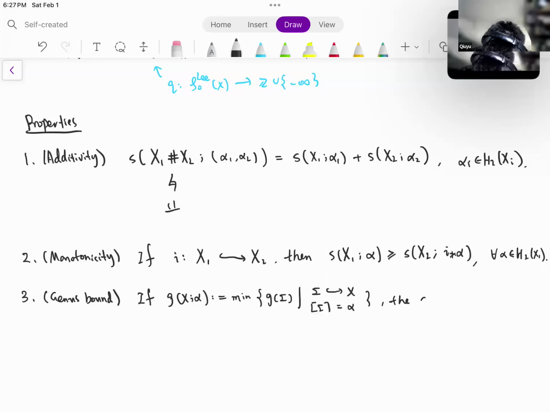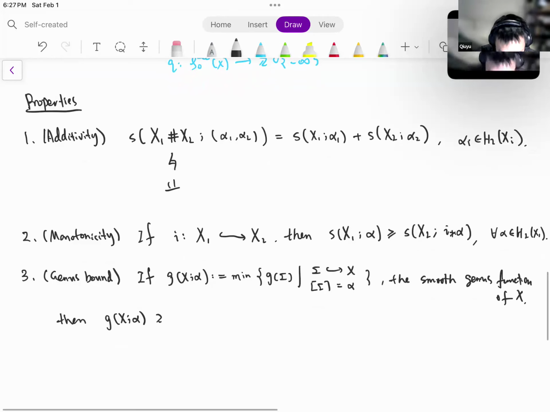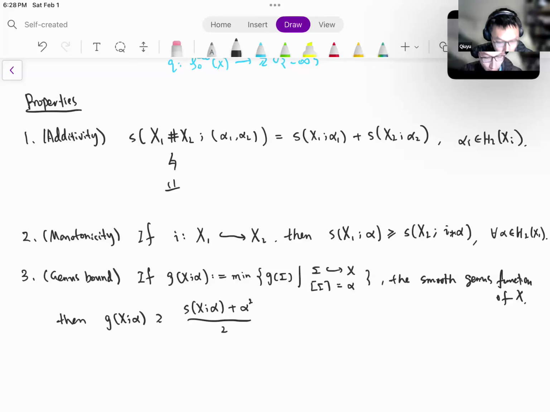This is the so-called smooth genus function of X. Then we get a lower bound of this genus function from the Lasagna S invariant of the four-manifold. More precisely, the genus function at a class alpha is bounded below by the S invariant at alpha plus the self-intersection number of alpha divided by 2. This is the self-intersection number.